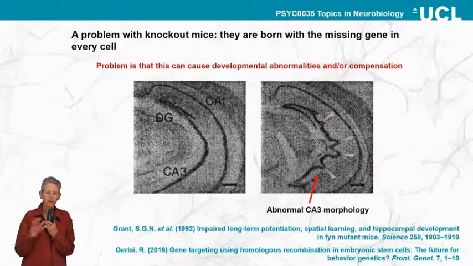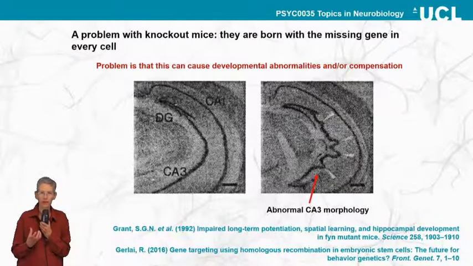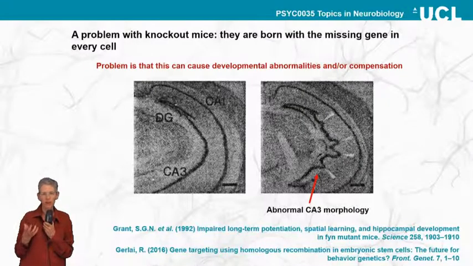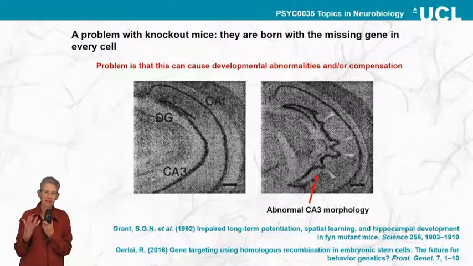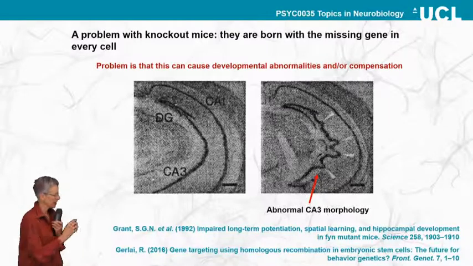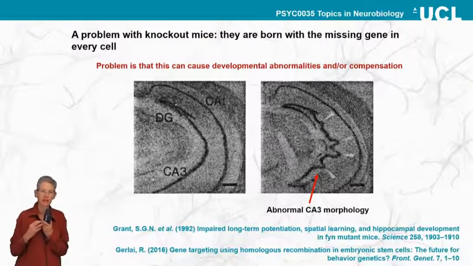Now there's a problem with the simplest version of the knockout technology, which is that the animals are born with the affected genes. And that means that there's a possible effect on development. You can see in this slide one of the early attempts to knock out a plasticity gene, the Fyn gene. Fyn mutant mice, so knockout mice that no longer had this gene, had a malformed hippocampus with too many cells in the CA3 region.